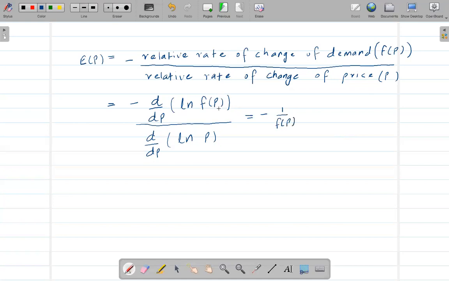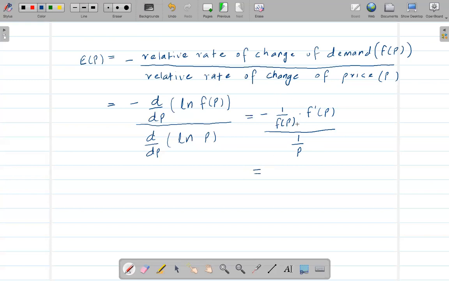And then take the derivative of the inside part using the chain rule, which will be times f prime of p, divided by the derivative of the natural log of p, which is basically, since we are taking the derivative of natural log of p in terms of p, it will be just 1 over p, right?